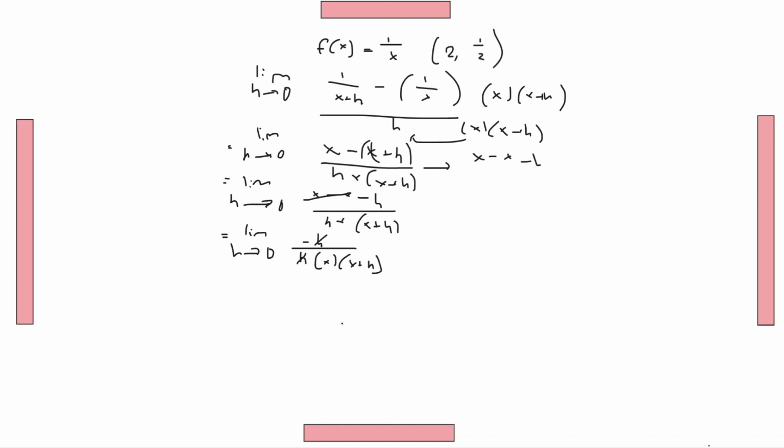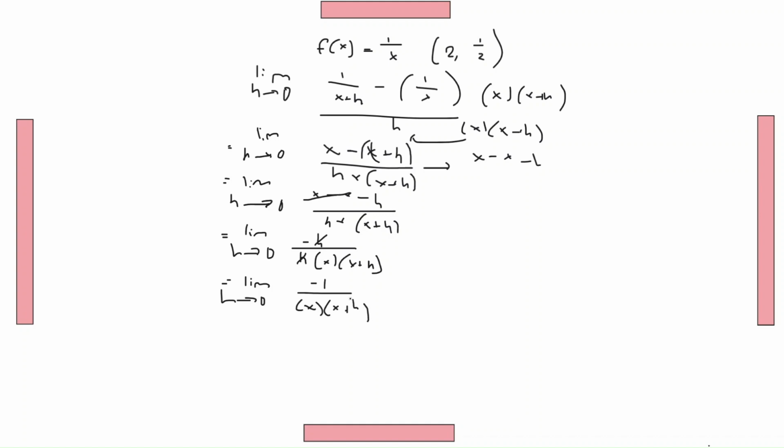And what will be left over? Will be left over with just that x and that x plus h on the bottom. So we'll have a negative 1 because the h is now gone, and it will be the x from before multiplied by the x plus h.